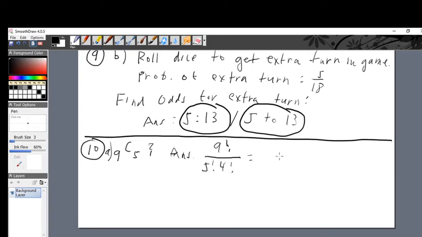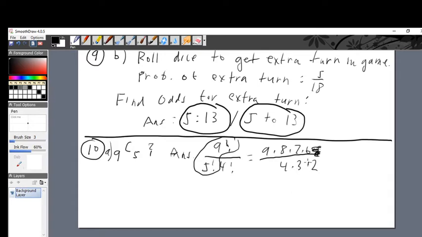Working out some of the numbers, this is not so hard, and I don't need a calculator really, so I'll just do it. Take the biggest one on the bottom, it becomes 9 times 8 times 7 times 6. I'm sorry, times 6, and stop, don't take it. I didn't even listen to my own advice. And then 4 factorial is 4 times 3 times 2. I don't need the 1.